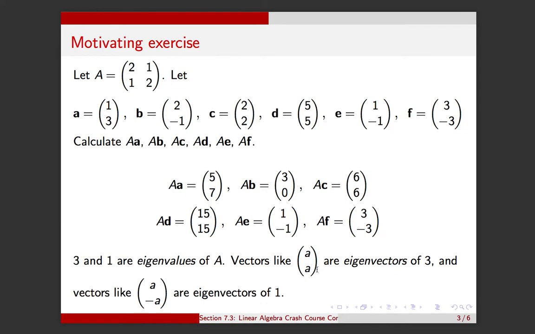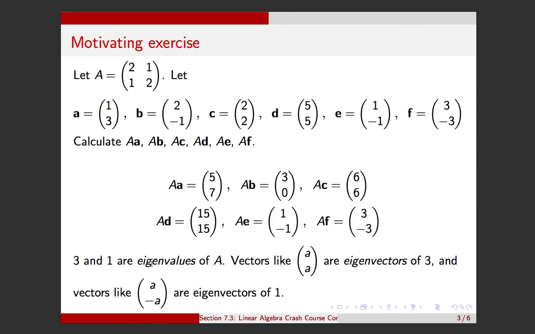If you feed any vector like that into the matrix A, and again, by feed I mean do big A times this vector here, what will you get? You will get 3 times the original vector, just like we got with little c and little d. So if you fed 9, 9 into this matrix, you would get in the end 27, 27, etc.